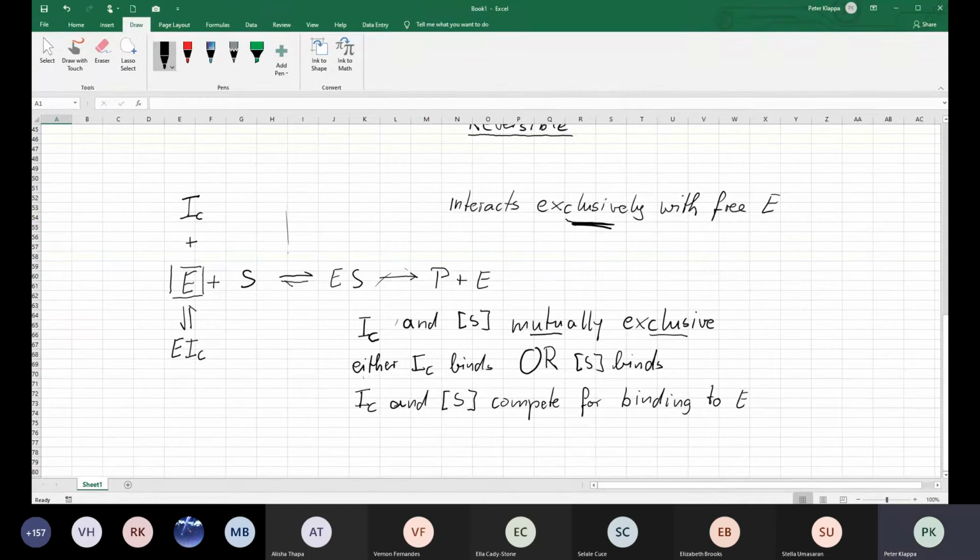Okay? And as I said, we are talking only about reversible inhibitors. So they compete for binding to the enzyme. So the enzyme can go either this way or it can go this way, right?